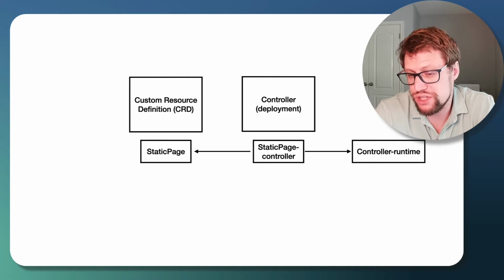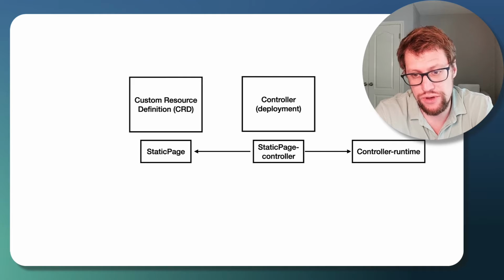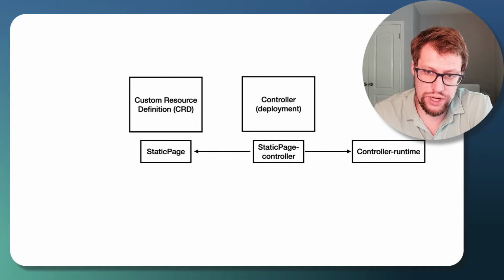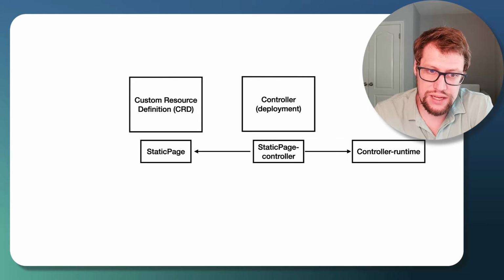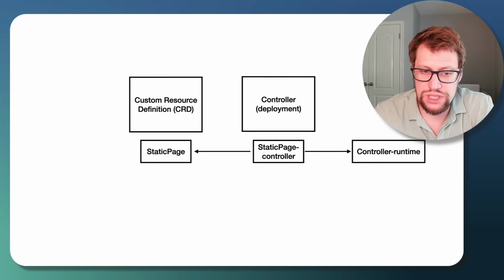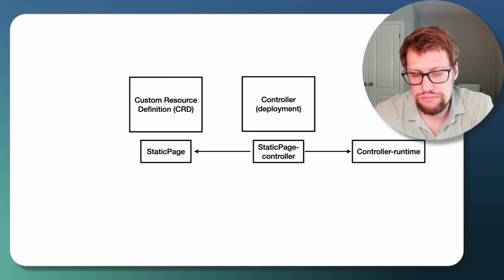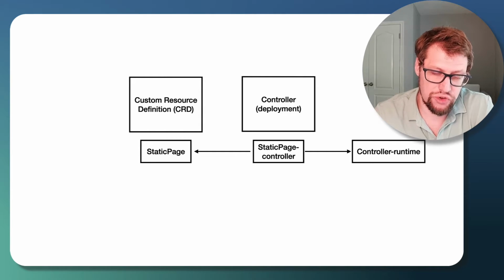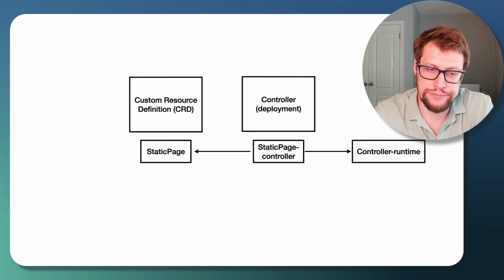So the static page controller is just also a pod, a controller pod with some custom Golang code in it that is going to use the Kubernetes API to see, is there a new static page? If yes, create a new Nginx container.